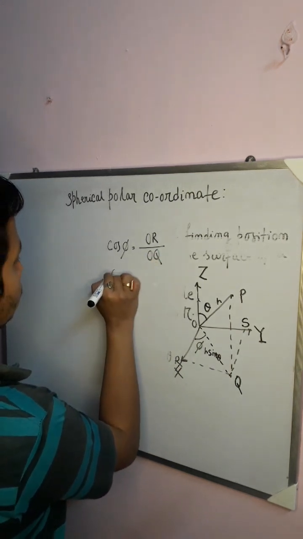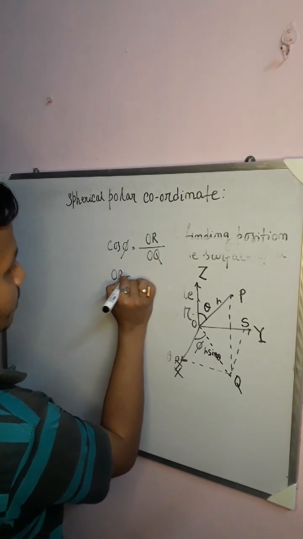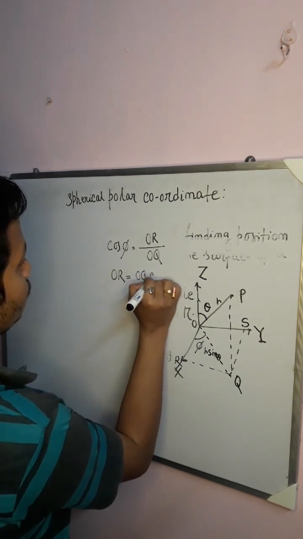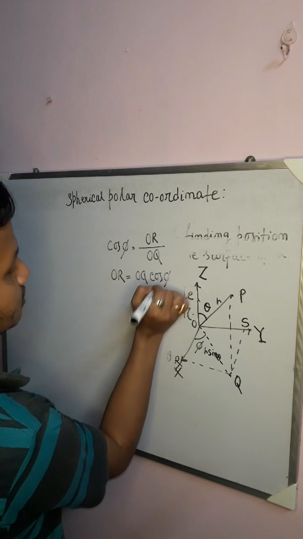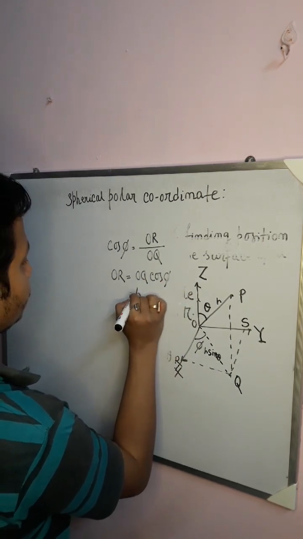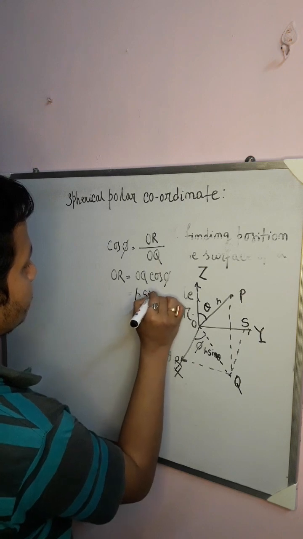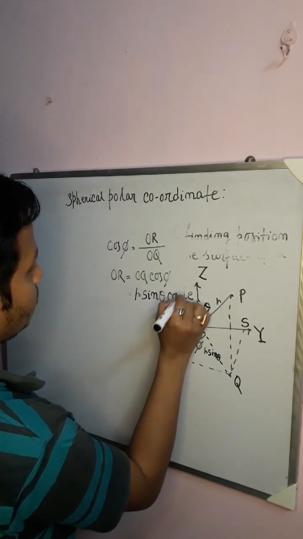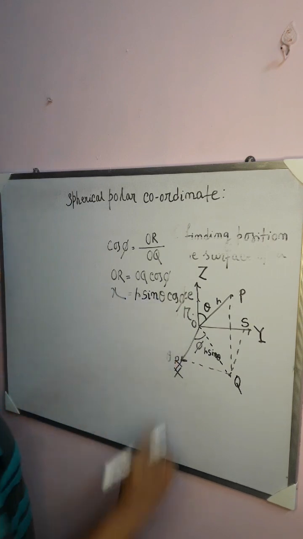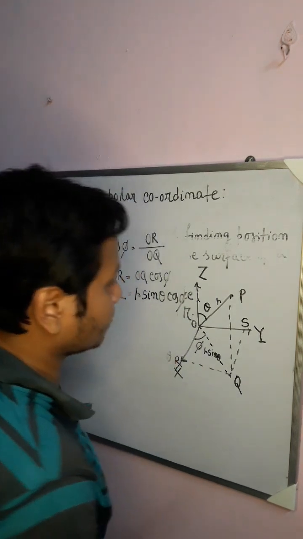So my OR will be OQ cos phi, and what is OQ? That is r sin theta. So OR is r sin theta cos phi. If we call it x, then x equals r sin theta cos phi.